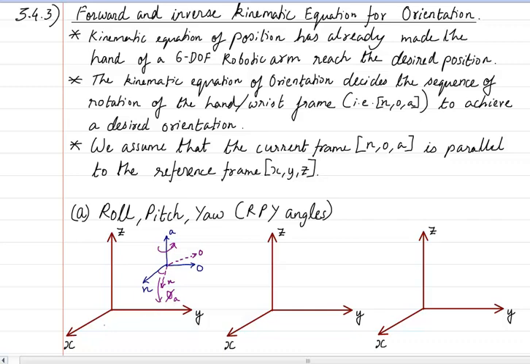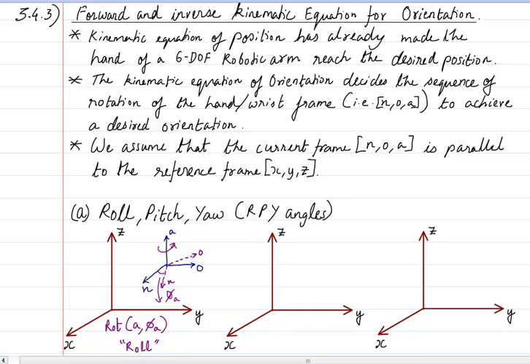We will write it as rotation with respect to A axis, phi A angle. And this is what is called the roll. With respect to A, we have to rotate in anti-clockwise direction by an angle of phi A.